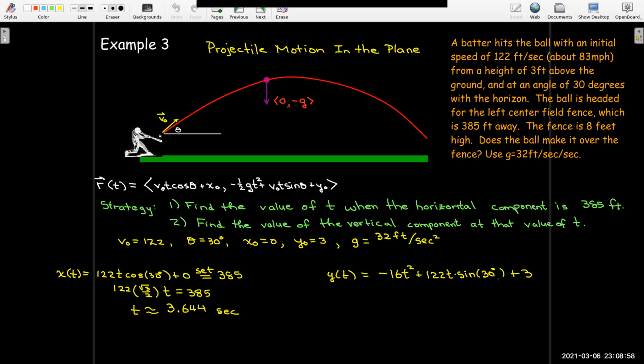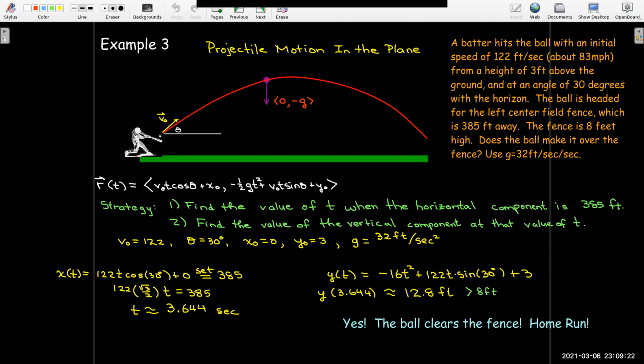We've got sine of 30 degrees, and we started from a height of 3 feet off the ground. If I substitute 3.644 in place of t, I get about 12.8 feet, which is certainly more than 8 feet. So the answer is yes, the ball does clear the fence. Got a home run.